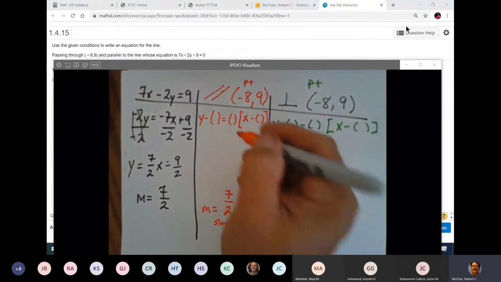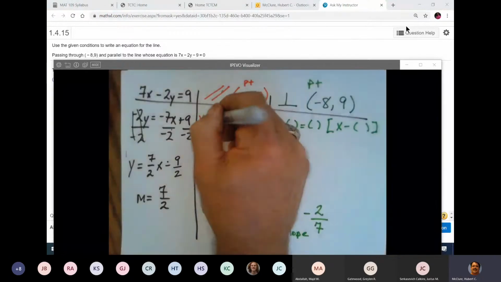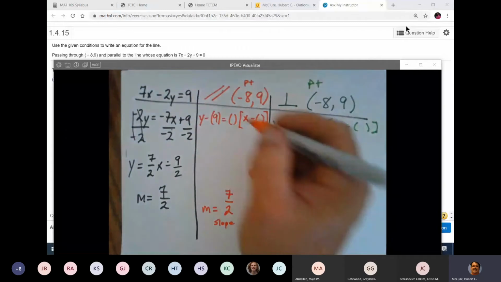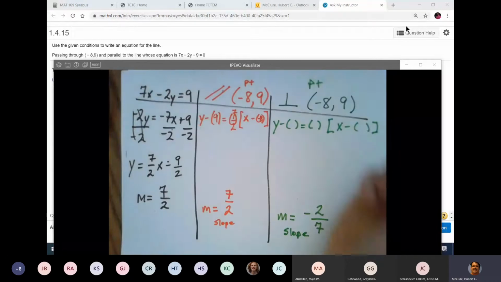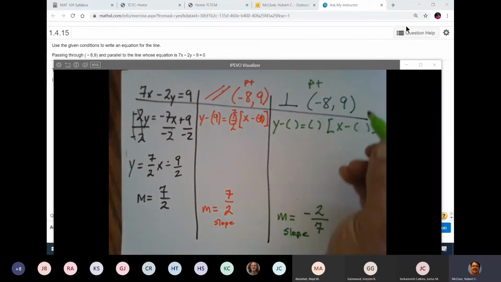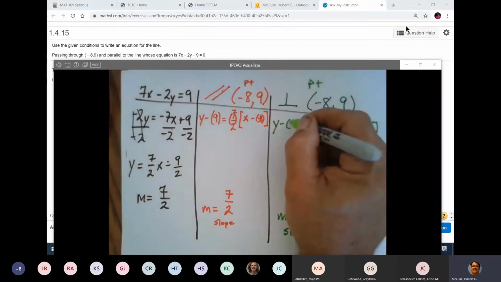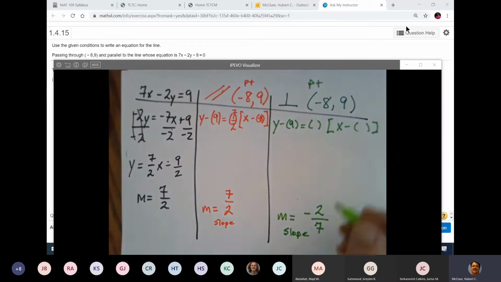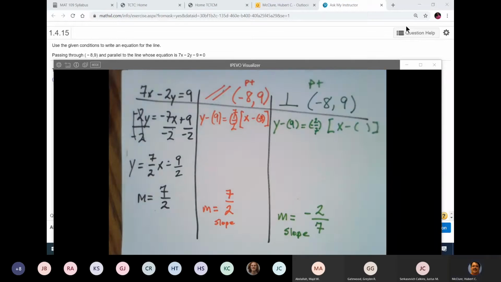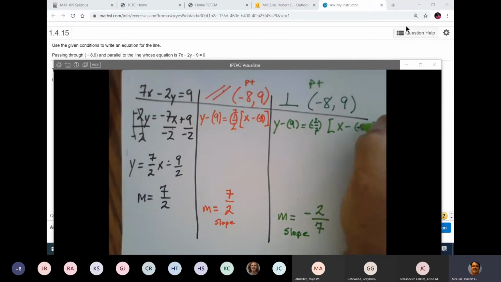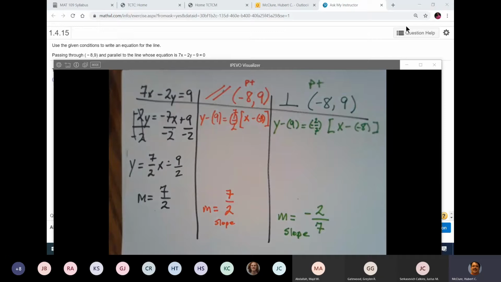And the 9 goes here, and the 7/2 goes here, and the -8 goes there. Sorry, it's so bunched up. I should have made the middle one a little bit wider. And the 9 goes here. The -2/7 goes here, and the -8 goes there. And now you're ready to solve for y. So go ahead and do that.